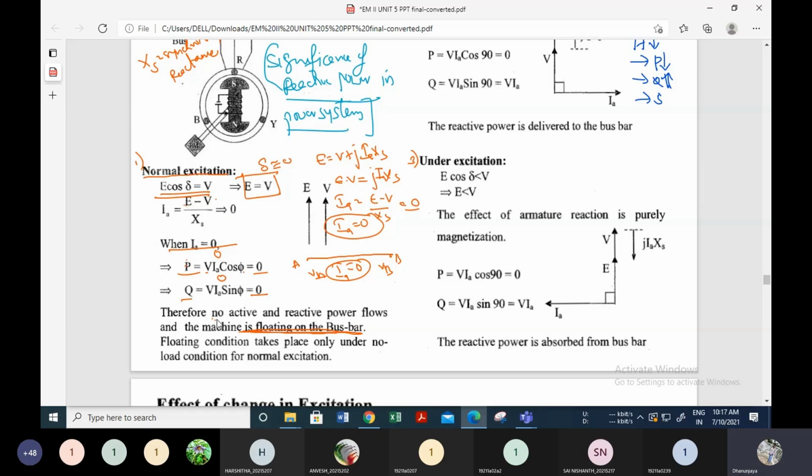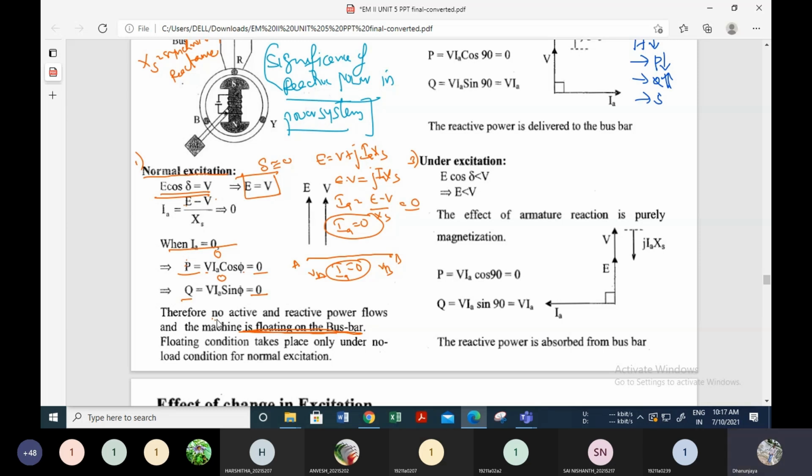As I said in the previous class, when Q is positive, reactive power is delivered to the bus bar. That's what I have specified.